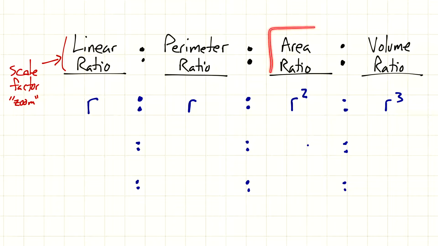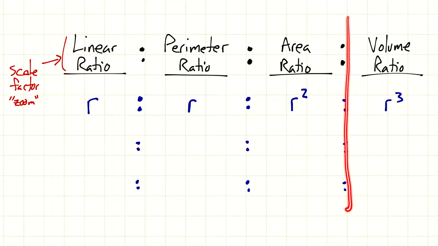When we talk about area ratio, then we actually have to multiply to get the area, right? We have two dimensions, so base times height or length times width. When we multiply, we end up with a ratio that is squared. So if you know the linear ratio or perimeter ratio, then instantly you know that the area ratio is going to be the same number except squared.